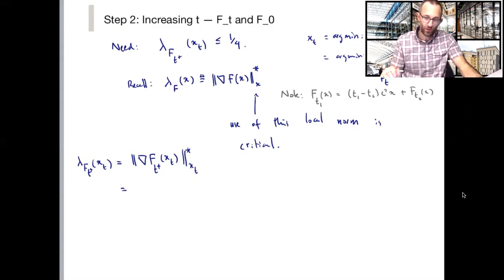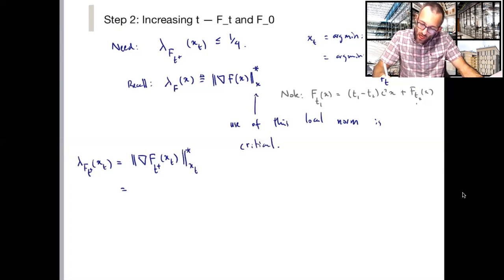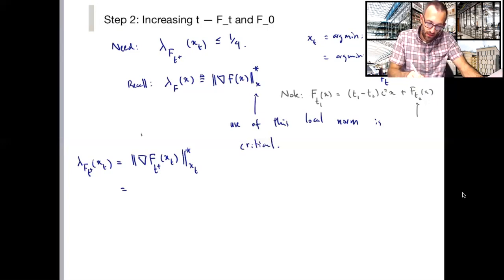So we're going to use this, and in particular, this means that the gradient with respect to t, now what's the only thing that survives?